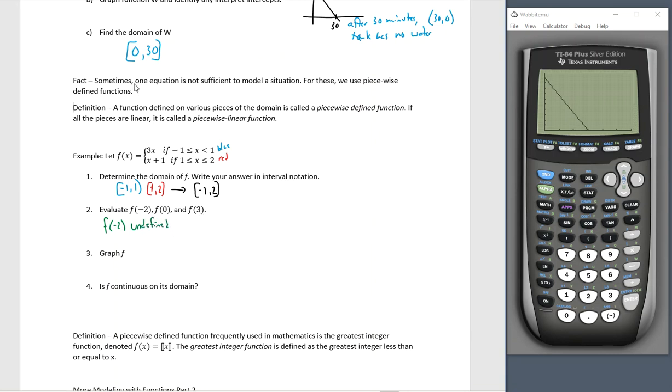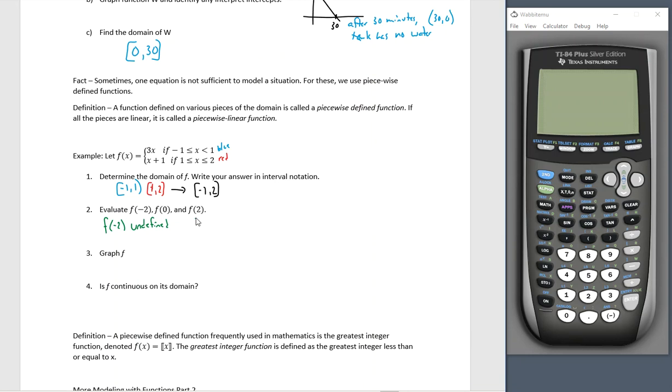And I see what I did here now, and I see why I need to do something really quickly. Let's go ahead and make this one doable. Wouldn't that be nice? There we go. f of negative 2 is undefined. Negative 2 is not in our domain.